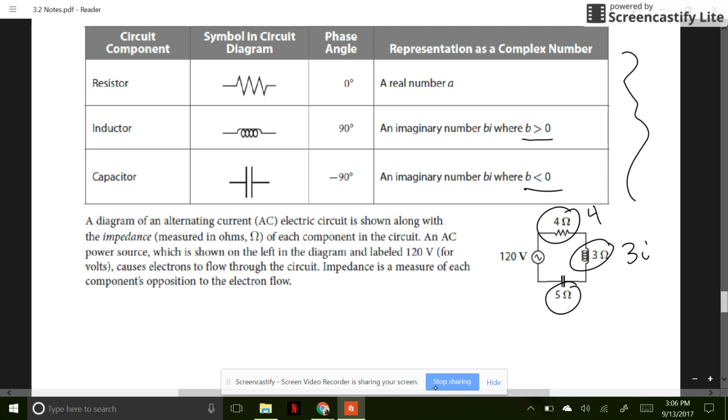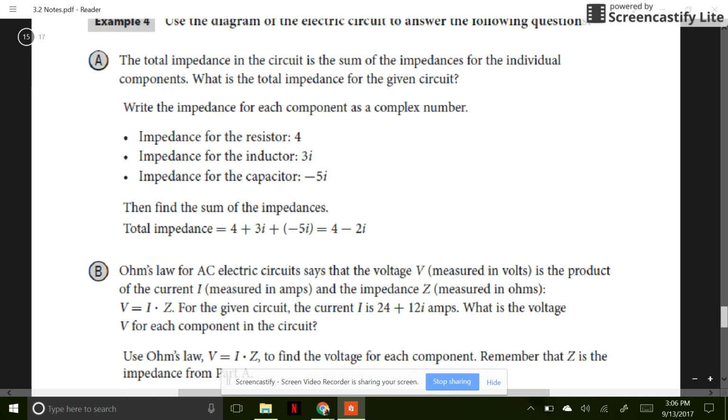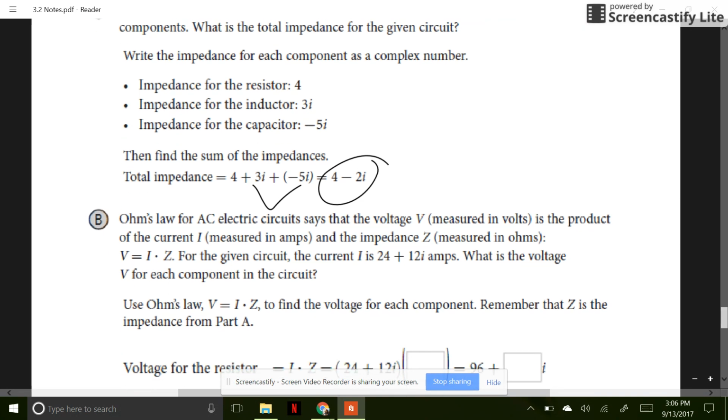And then our capacitor here, b has to be less than 0, so that means it is negative 5i. And we'll see that down here. So the total impedance is the sum of the impedances for the individual components. So again, for the resistor, we said it was 4, inductor 3i, and for the capacitor, negative 5i. So the total impedance, we add them together. So basically, you're just mostly adding those imaginary parts there to get a total impedance of 4 minus 2i.